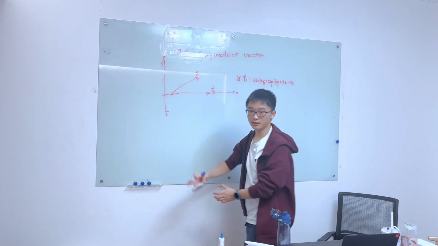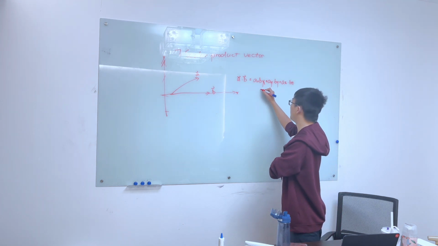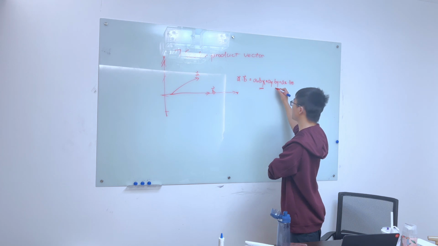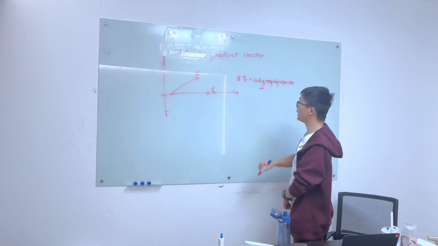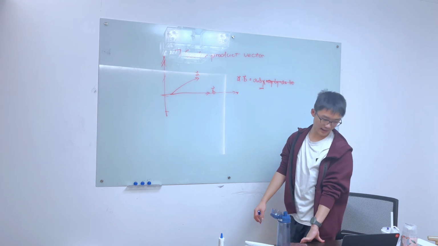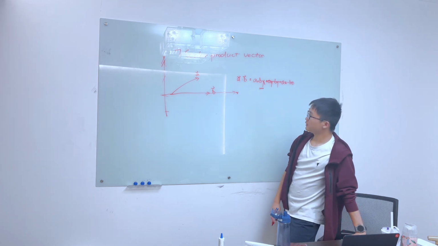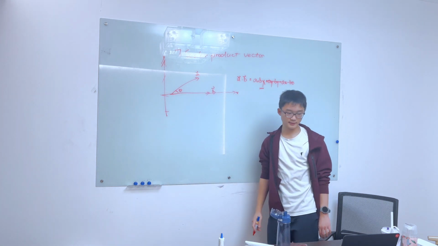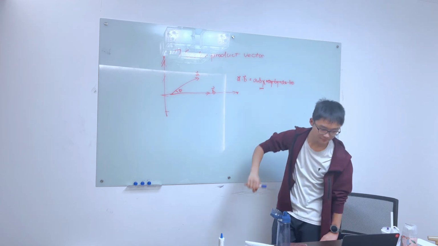Then bx stays the same, by will equal 0, and bz will also equal 0, so this whole part will be cancelled out. The angle between these two is theta.